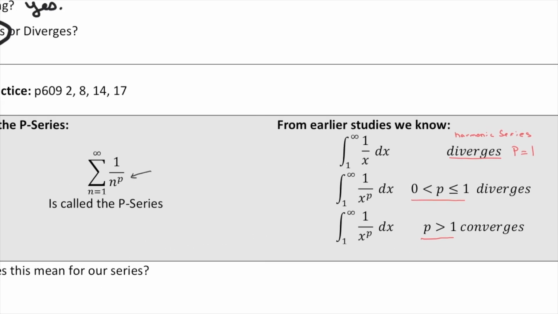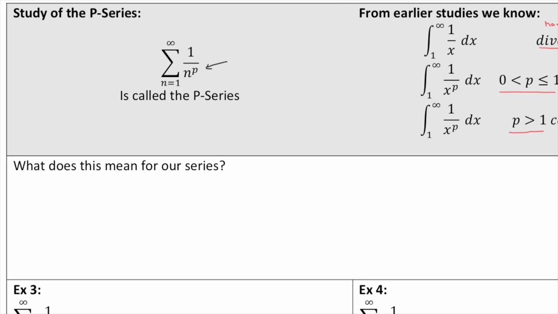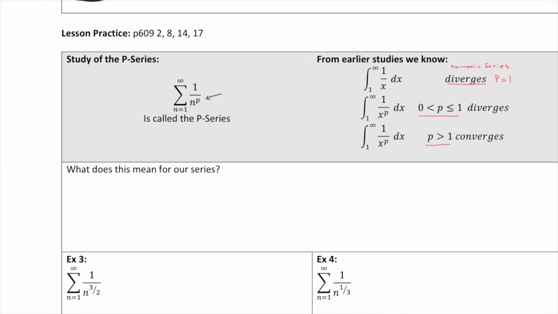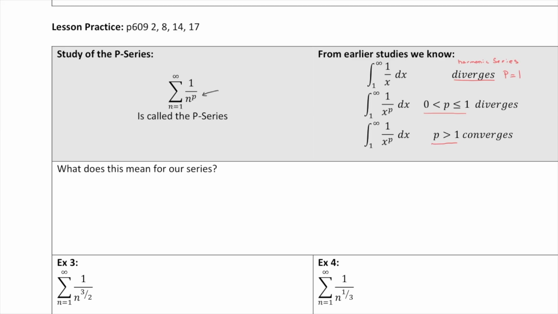Now, using your integral test, that tells you a lot about what happens to our series. And what does that tell us? It tells us for our infinite series, if p is equal to 1, we have a divergent series. And of course, again, it's a special one. It is harmonic.